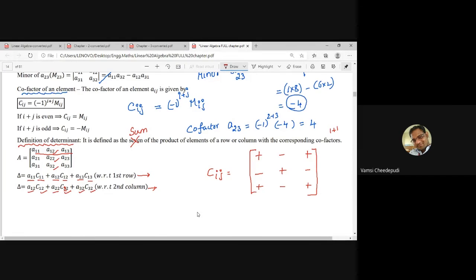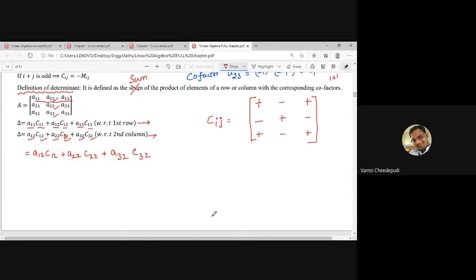I will write here: A12 with C12 plus A22 with C22, and the third and last element in the second column is A32 into C32, like this. That is the determinant definition.